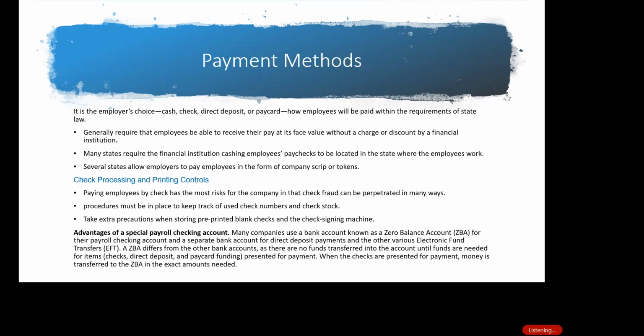When we're processing payments, paying by check, you need to put in some controls. Currently in most software, I think that you can put in blank check stock and the software itself creates the ABA and routing numbers, and that helps prevent some fraud.